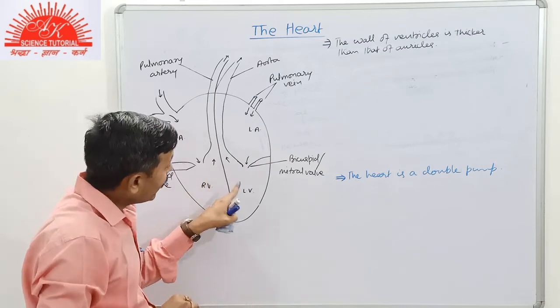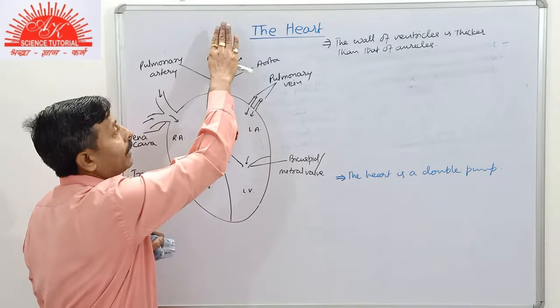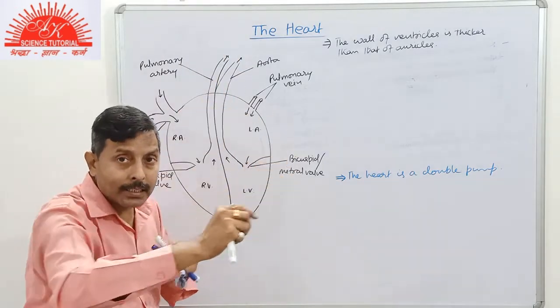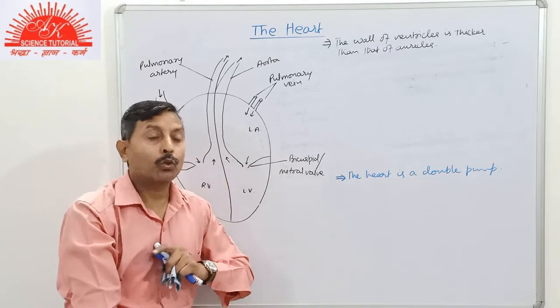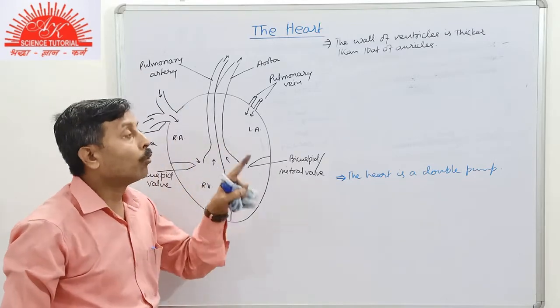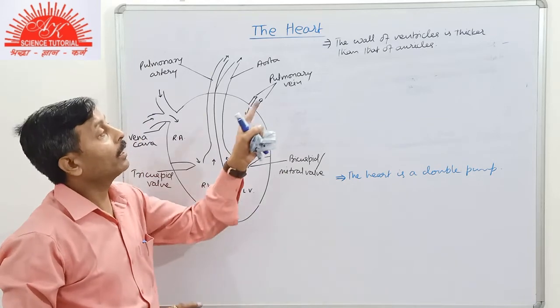But the ventricles have to pump the blood against gravity and over a longer distance, that is up to the head and up to the toe. So ventricles require more muscular force and hence the wall of the ventricle is thicker.